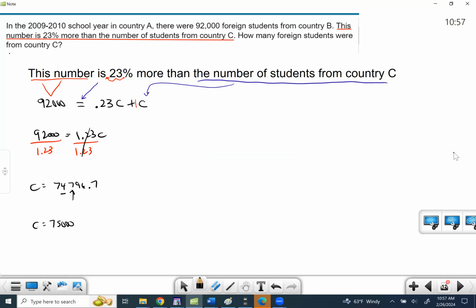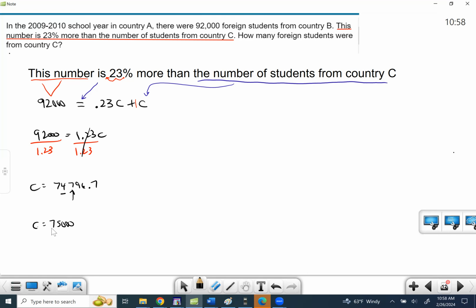Okay, so how you would check it is you would say, well, we know that 92,000 is going to be 23% more than the number of students in country C. But first of all, look at this number. It's less than 92,000, right? It's roughly 75,000.